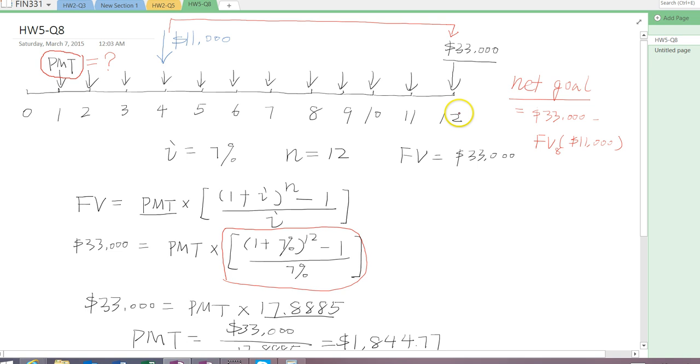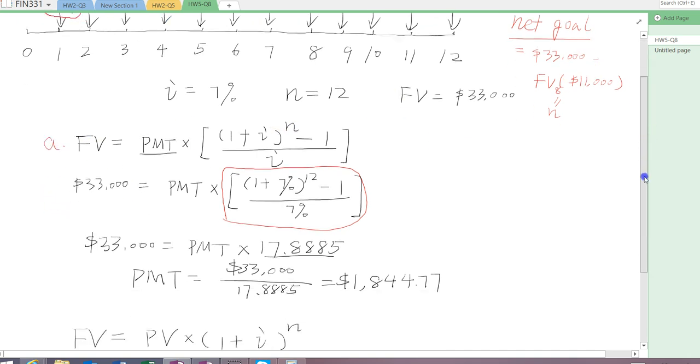So you see the difference between the year number and the number of years in your formula for the future value. Here the n should be equal to 8 rather than 12. So that's the twist. And other than that, everything is still the same as part A.